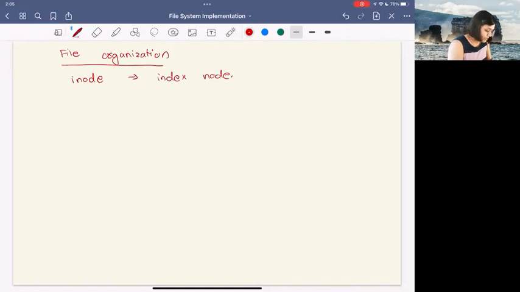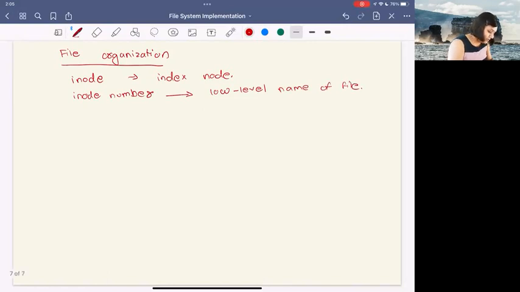So we have this inode, and every inode is identified by a unique inode number. This inode number is the low-level name of the file.